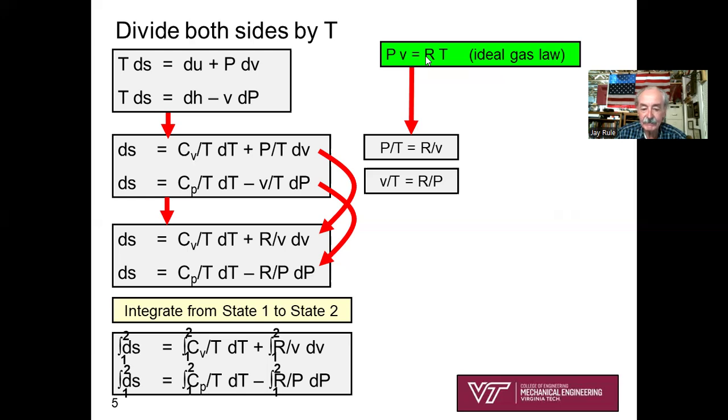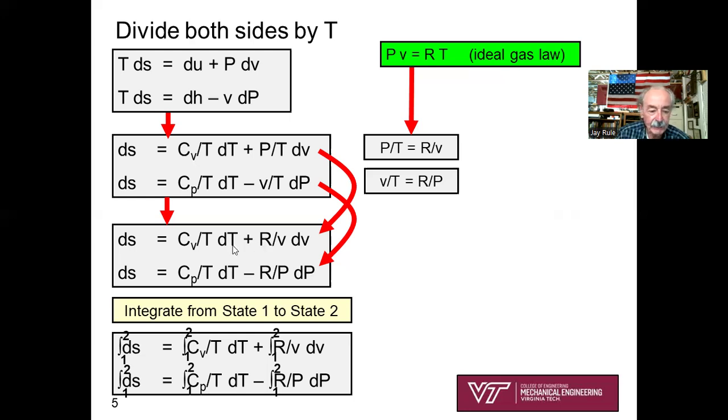Let's look at the ideal gas equation of state and solve for P over T. P over T is R over v. And v over T is R over P. So I've made an ideal gas equation of state substitution.